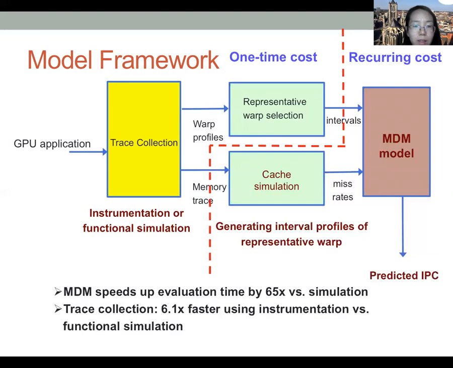We find that the MDM model dramatically reduces the evaluation time compared to simulation, by 65x for one design point. This speedup further increases with more architectural configurations. Instrumentation-based trace collection is also 6.1x faster than using functional simulation.